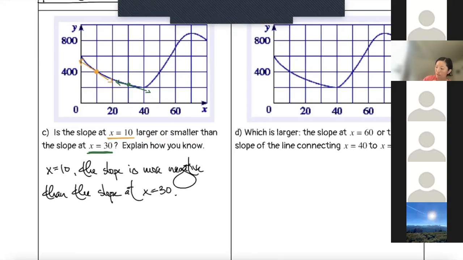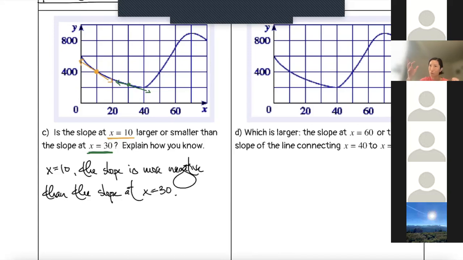is -5 bigger or is -4 bigger? Yeah, so is -5 bigger or smaller? -5 is actually the smaller number.